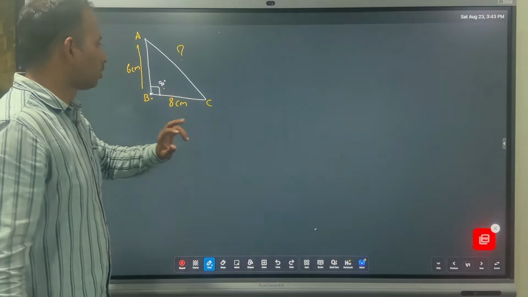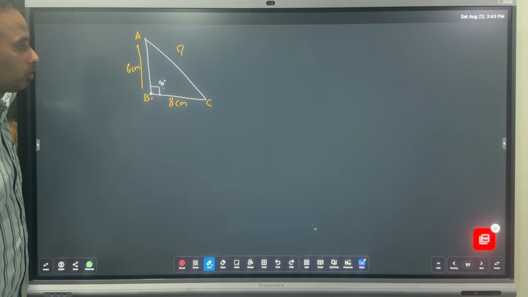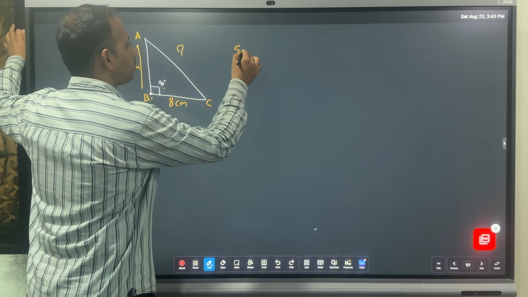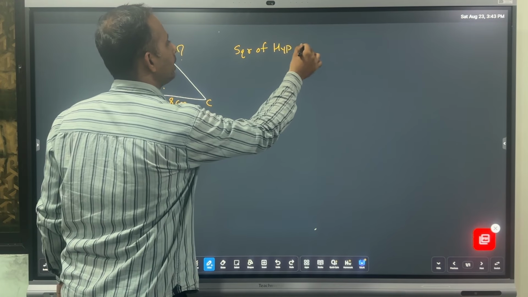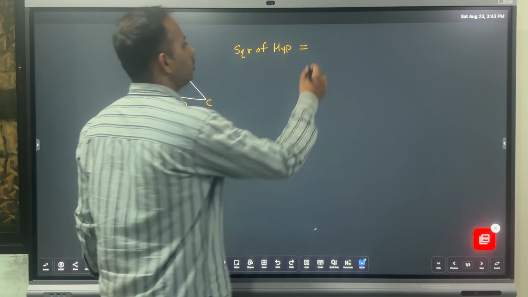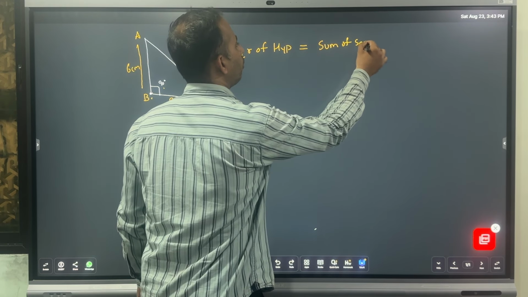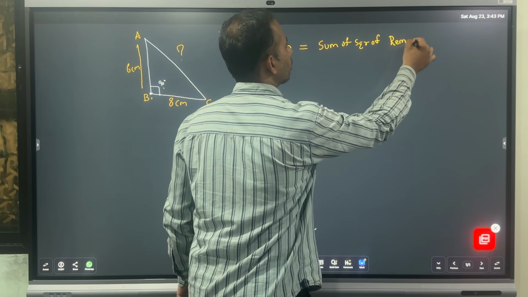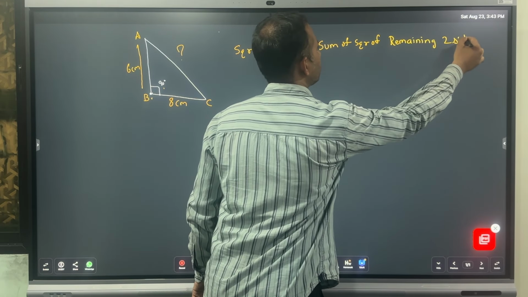Okay, so to solve this one, you must know one of the theorems, that is the Pythagoras theorem. What does the Pythagoras theorem say? Square of hypotenuse is equal to sum of squares of remaining two sides.